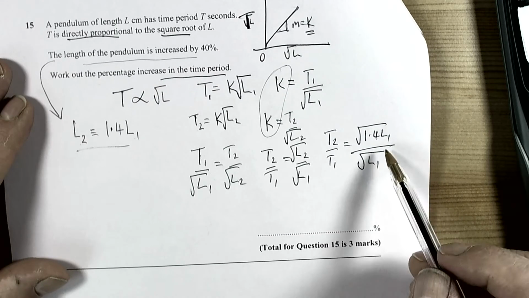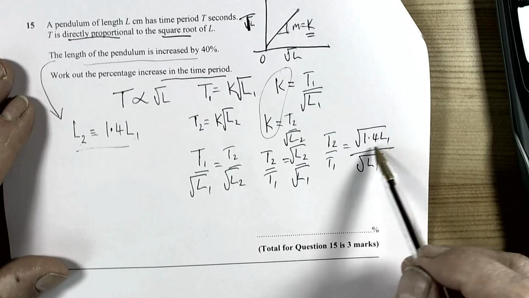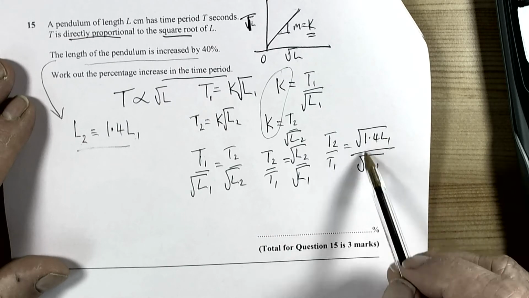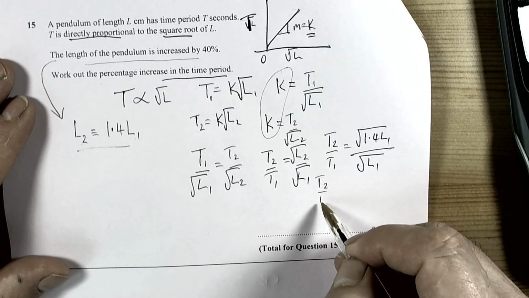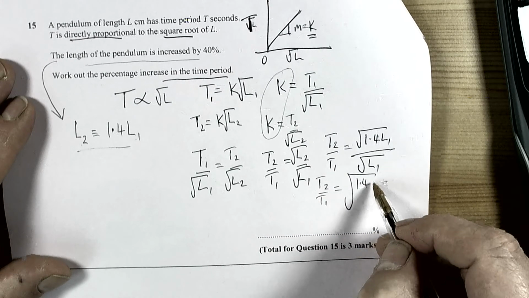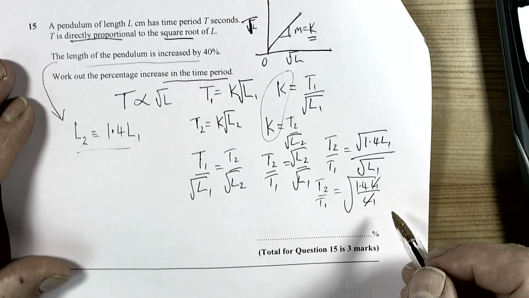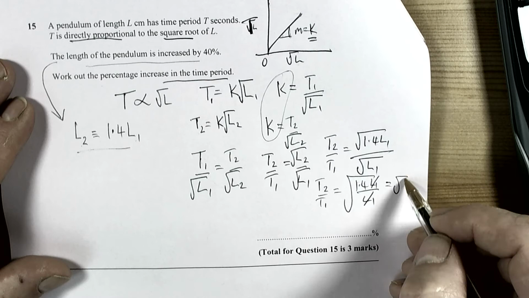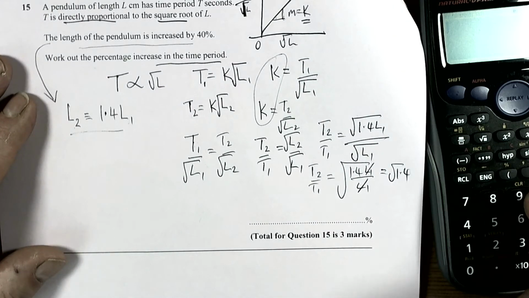Now the way square roots work, they're part of the surds family, so surds require us to put those into the same square root, because the rule says we can. So we end up with 1.4 L1 over L1. Well, L1 divided by L1 cancels, so this becomes the square root of 1.4. So we basically square root 1.4 equals.